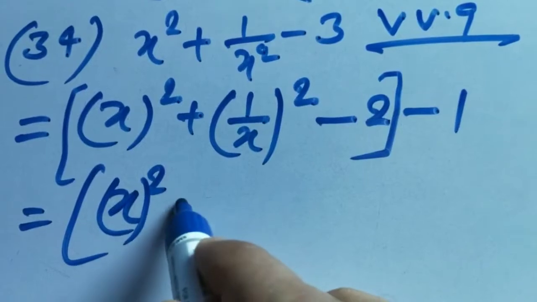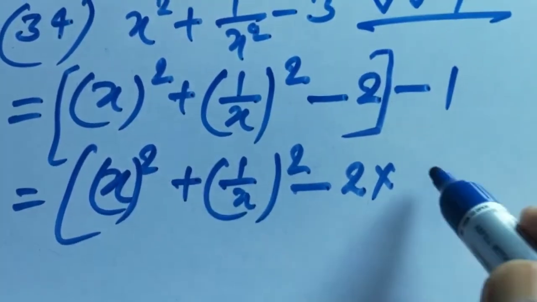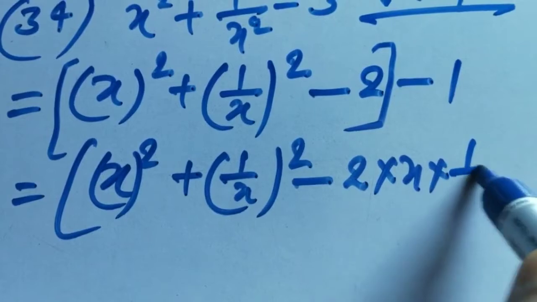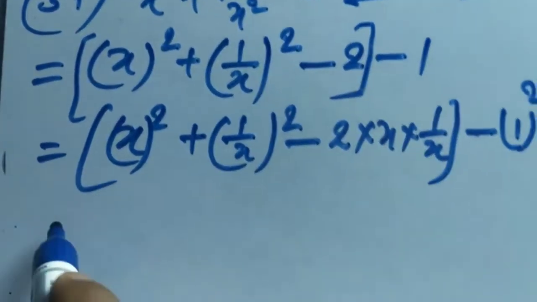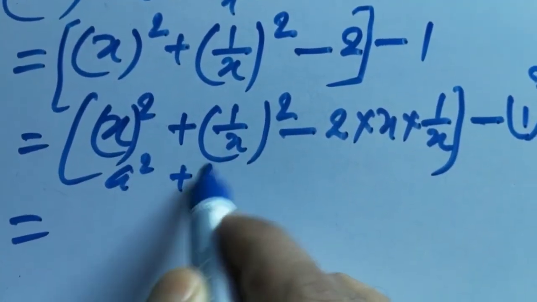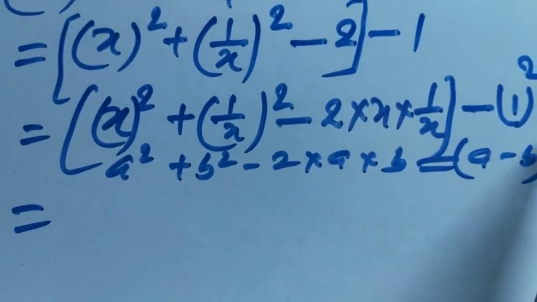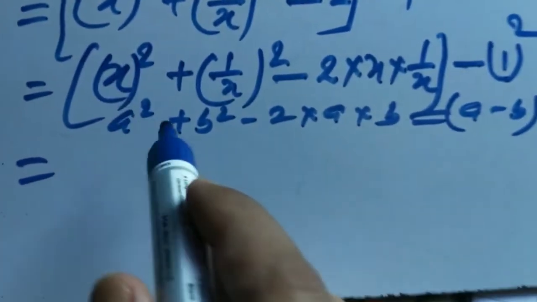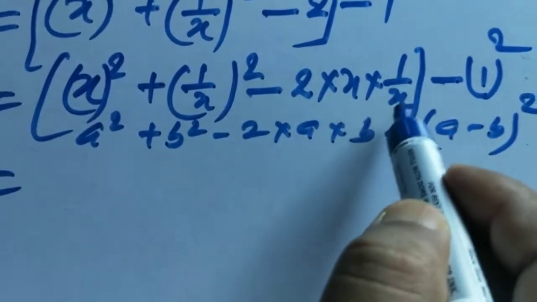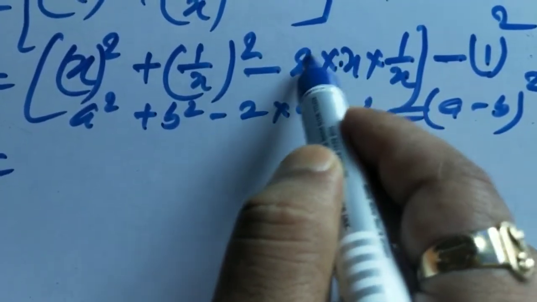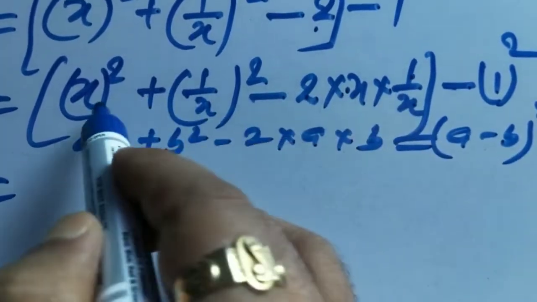On the identity, x the whole square plus 1 by x the whole square and minus, write here 2, and at the place of a write x, and at the place of b there is 1 by x, and write 1 as 1 the whole square. Now you know that it is a square plus b square minus 2ab, and it is equal to a minus b the whole square. When you put x at the place of a and 1 by x at the place of b, this x and this x will cancel. Then 2 times 1 is 2, here there is 2, so its value does not change, so we can write x into 1 by x here.